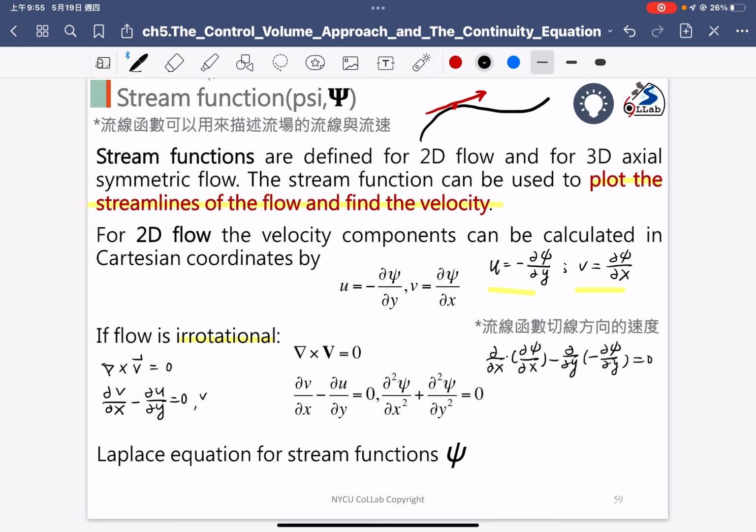So that indicates d squared ψ dx squared plus d squared ψ dy squared will always equal 0. And we call that the Laplace equation for the stream function ψ. Okay, but this relation is especially satisfied for irrotational flow.